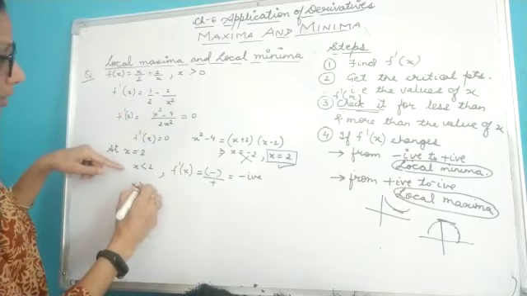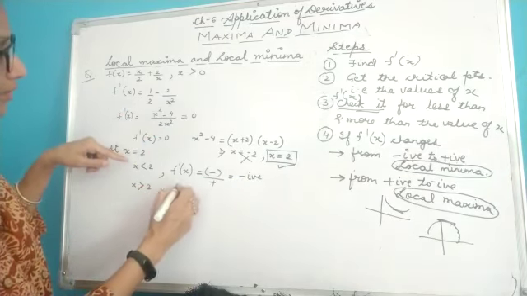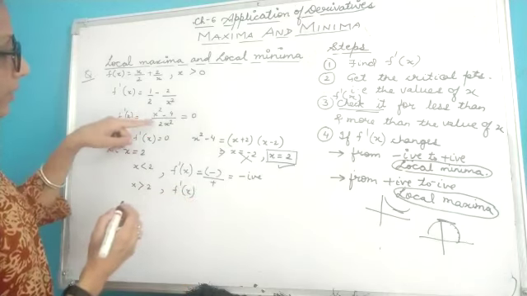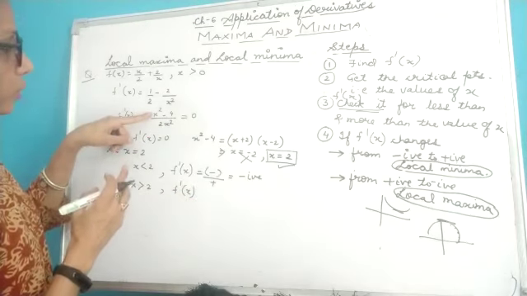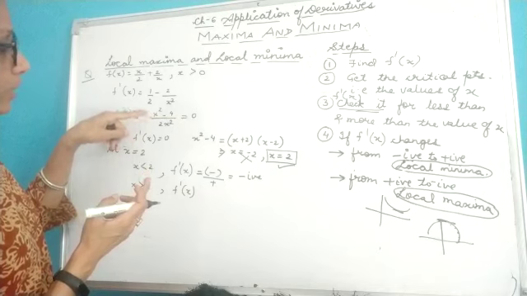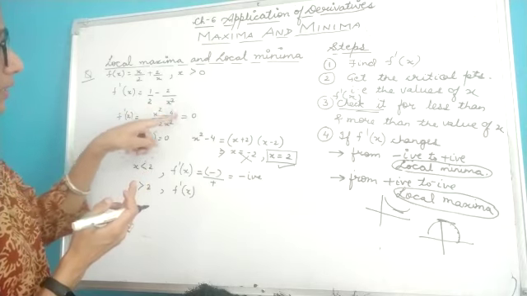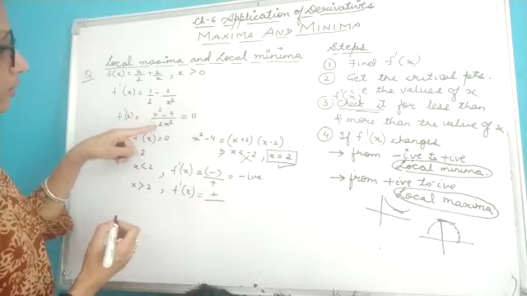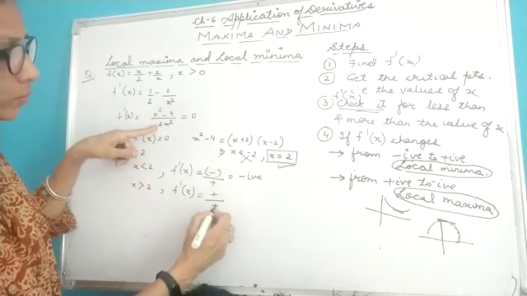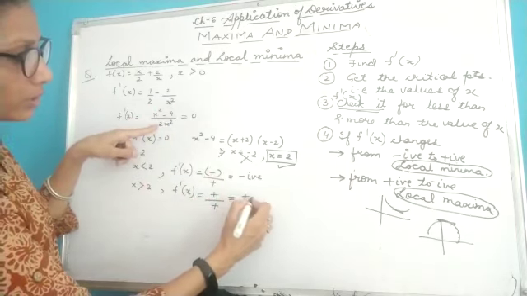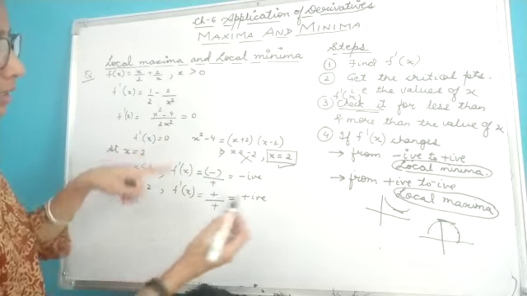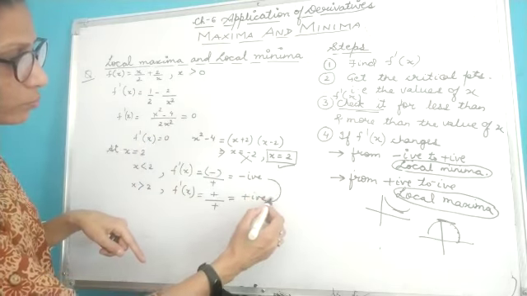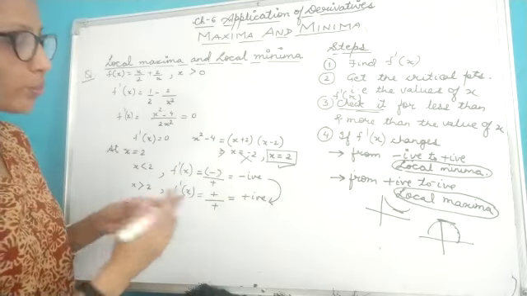For x greater than 2, here it is your perfect square, and if it is greater than 2, then this complete x square minus 4 will be a positive term, and downwards again it will be a positive term. So in total it is coming out to be positive. That means your f dash x is moving from negative to positive.